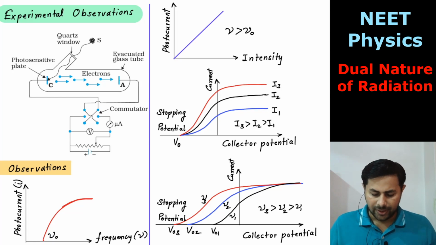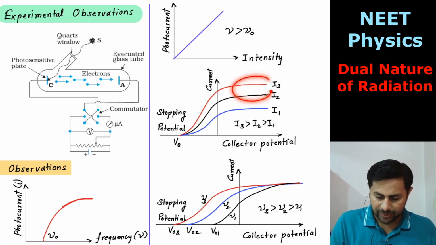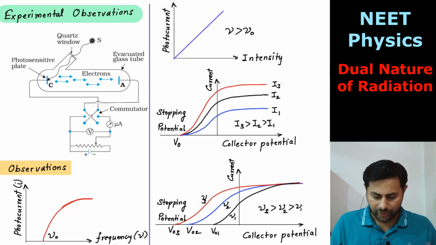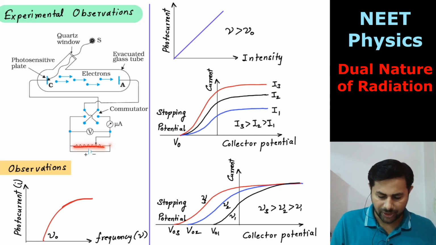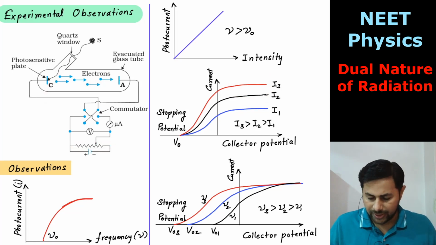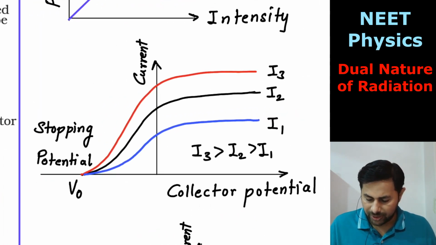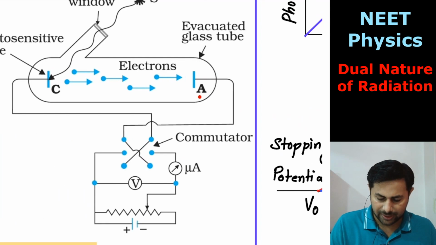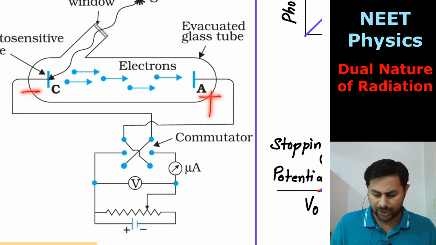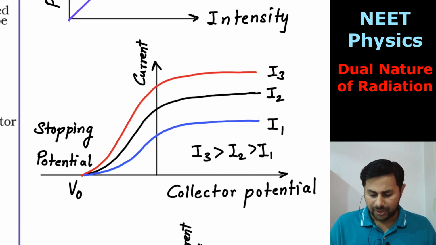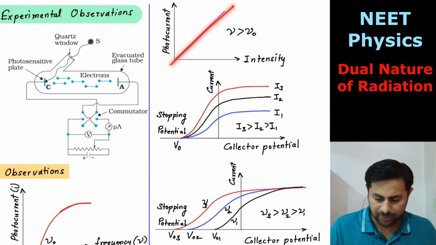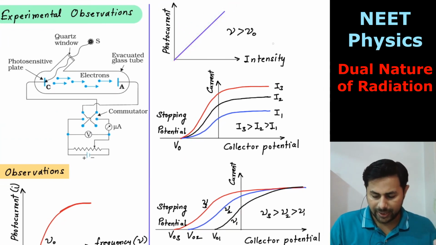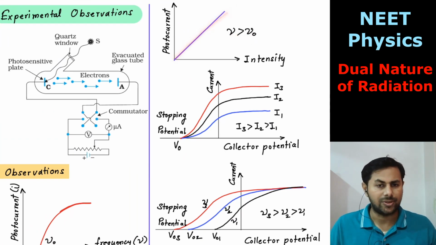Next one. To understand the next one, we need to apply some potential difference here. Now you can see this graph, when the potential difference is positive, that means the anode is at higher potential and the cathode is at lower potential. As we have seen in the last graph, at any frequency greater than the threshold frequency nu naught, the photocurrent is directly proportional to intensity.